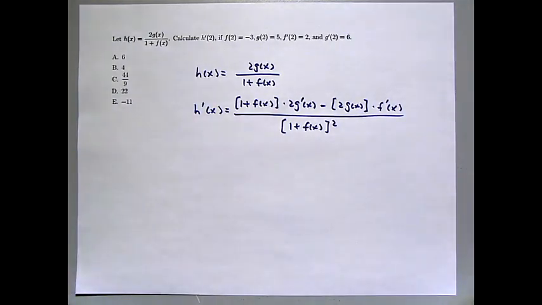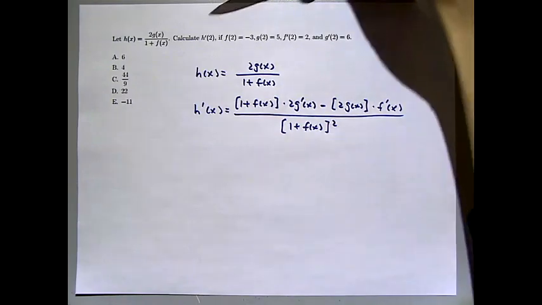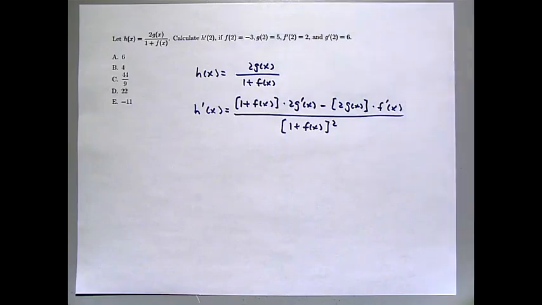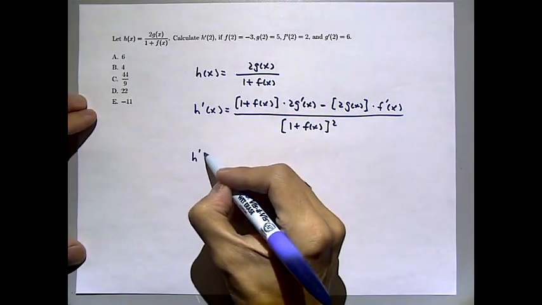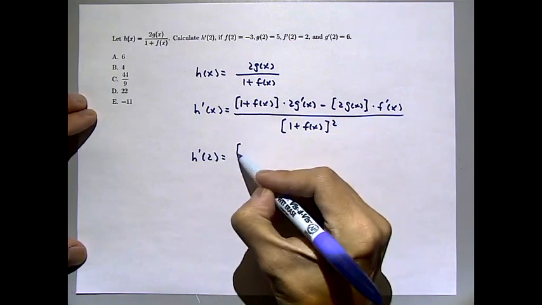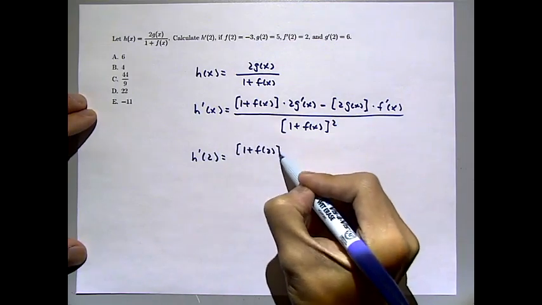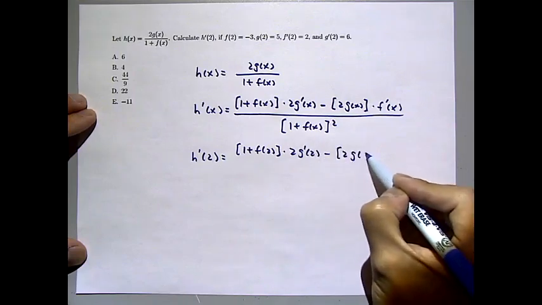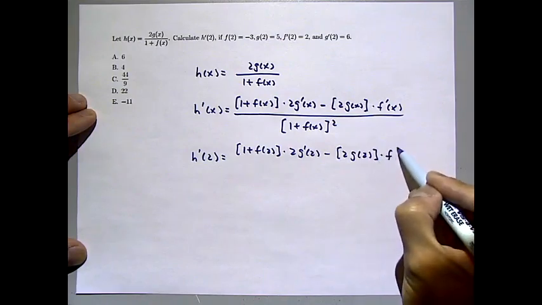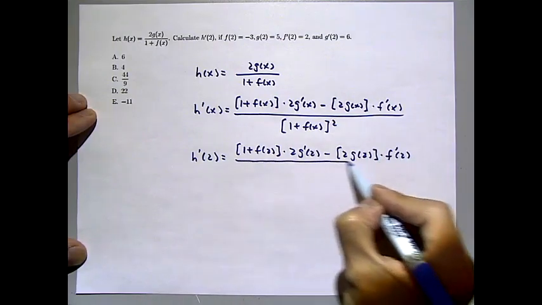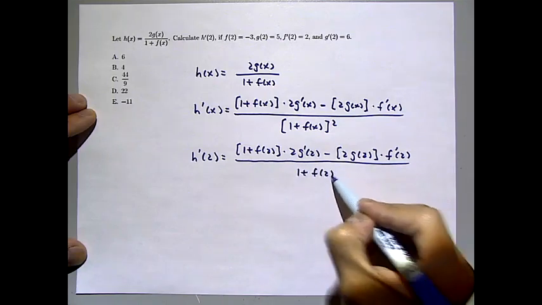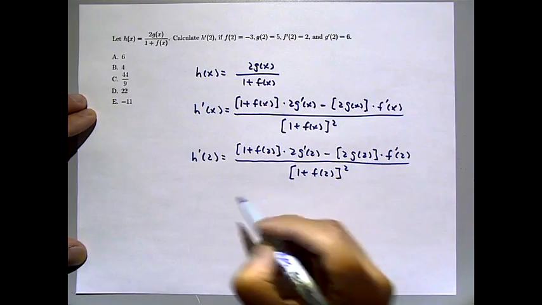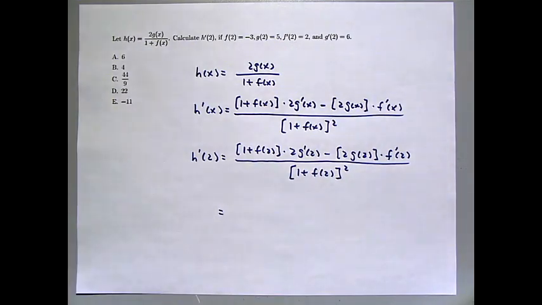Okay, now you've got h prime of x. Tossing the 2, all of these will show up: 1 plus f of 2 times 2g prime of 2 minus 2g of 2 times f prime of 2, all divided by 1 plus f of 2, the whole thing squared. All right, now you're putting these things in.